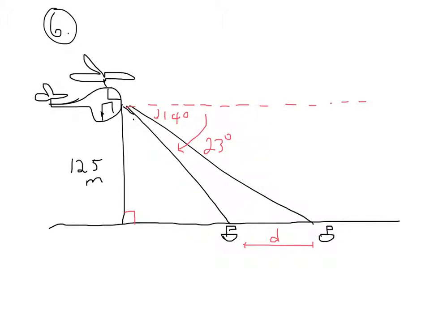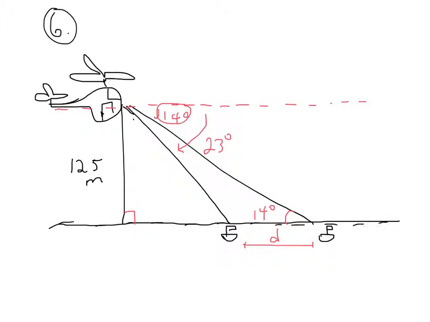Now the next key fact you need is that the angle of depression, let's say take this 14 for example, is actually congruent to the angle of elevation of this triangle. So we know that down here this is also 14 degrees. If you're curious as to why, it has to do with the fact that these lines are parallel, the dotted red line and this black line here at the bottom.